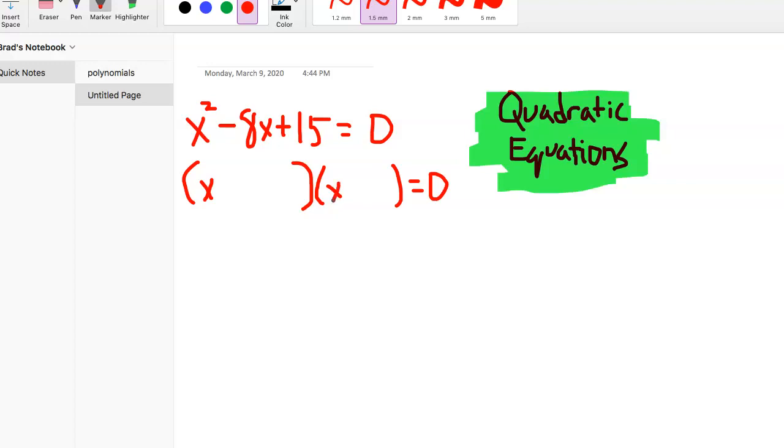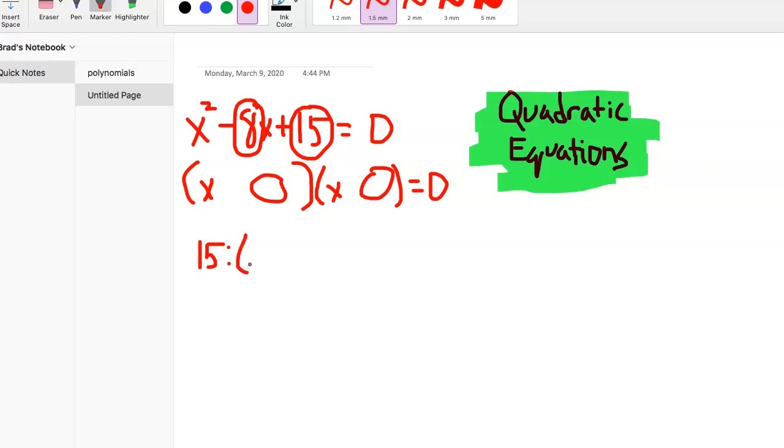When we have an x squared, we want two numbers, one here and one here, that multiply to 15, this number, but the same numbers add up to negative 8. So let's look at our factors of 15.